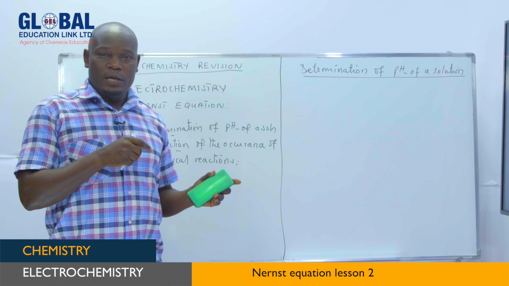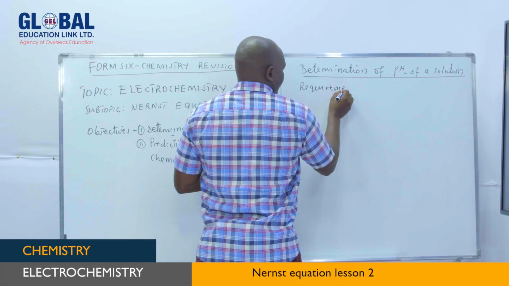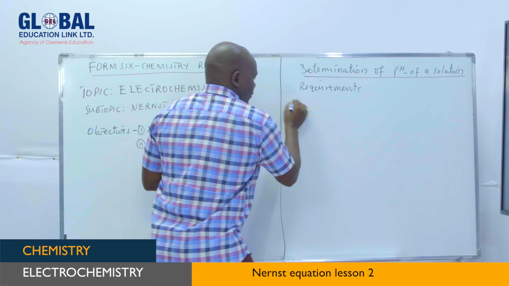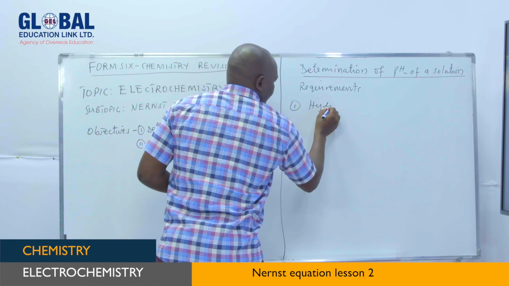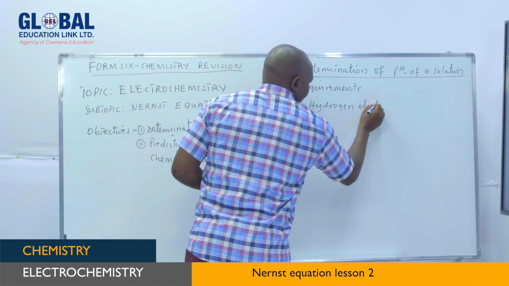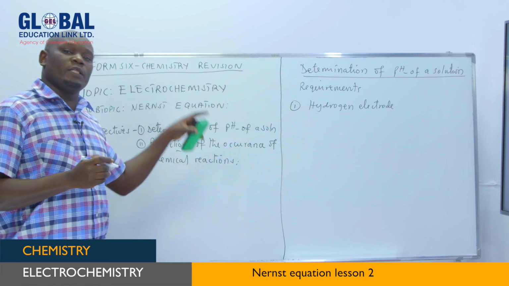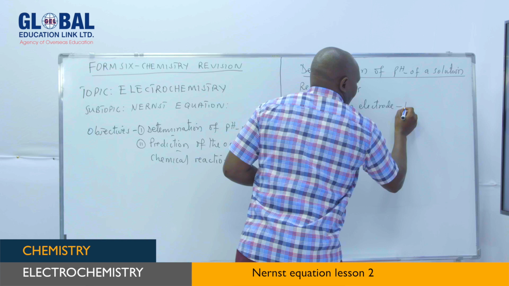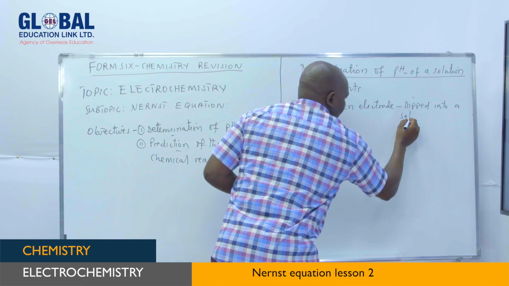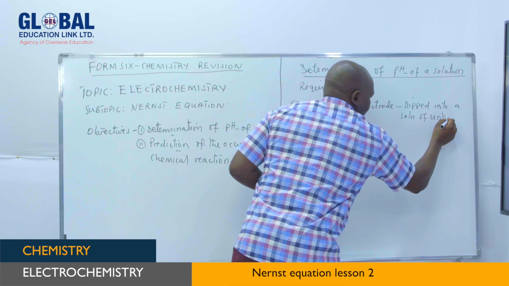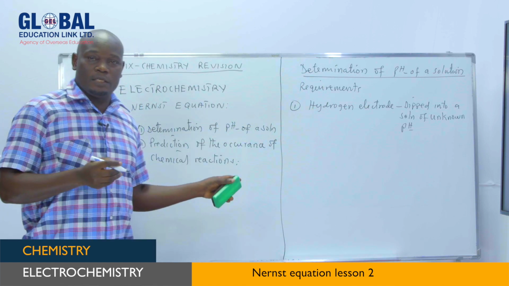So, the requirements: one, you must have the hydrogen electrode, and the hydrogen electrode must be dipped into a solution of unknown pH, which means the solution whose pH you are required to determine.